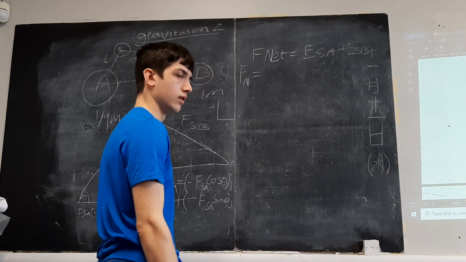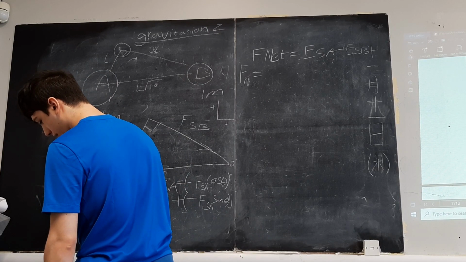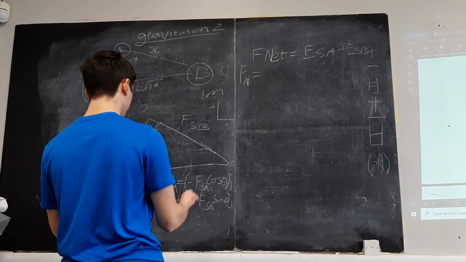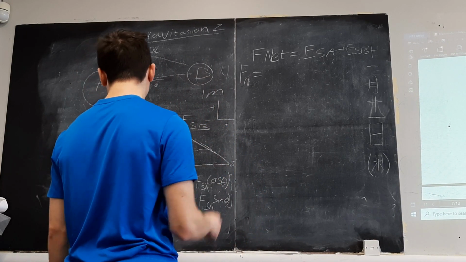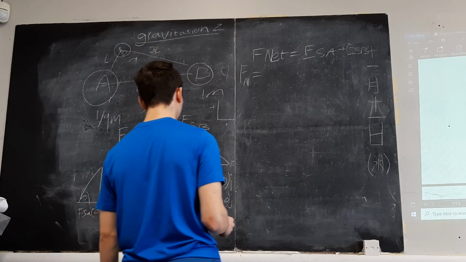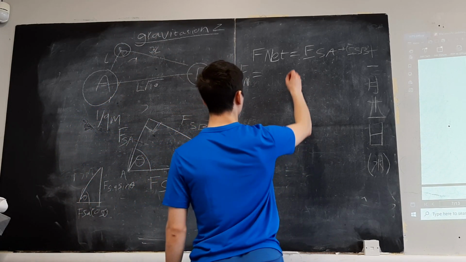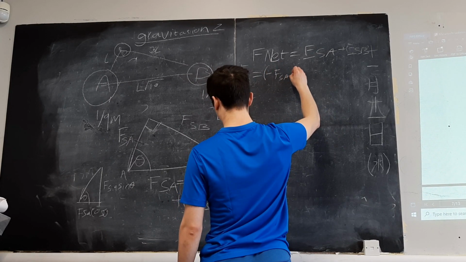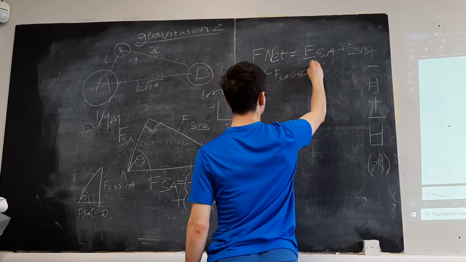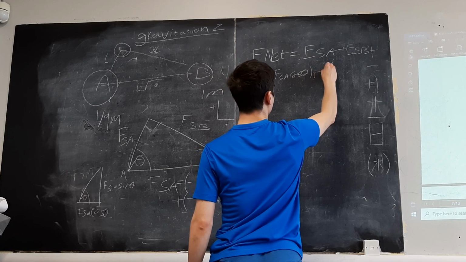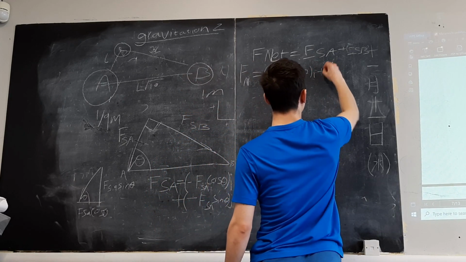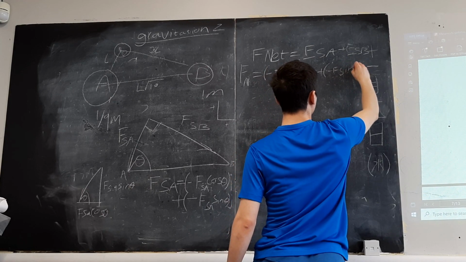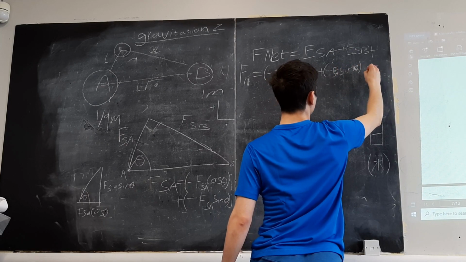So now maybe we just sub all of that into there. F S B isn't here, lovely. So I'm just going to go from here. Minus F S A cos theta i plus minus F S A sine theta j.